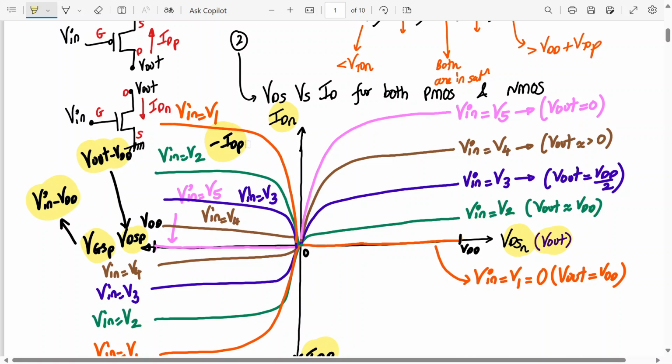So what will I do now? I'll superimpose this and mirror image it on the right hand side. So the same graph, I'll draw it on the right hand side. That will give me the proper values. Let me transfer the entire graphs on the left hand side to the right hand side.